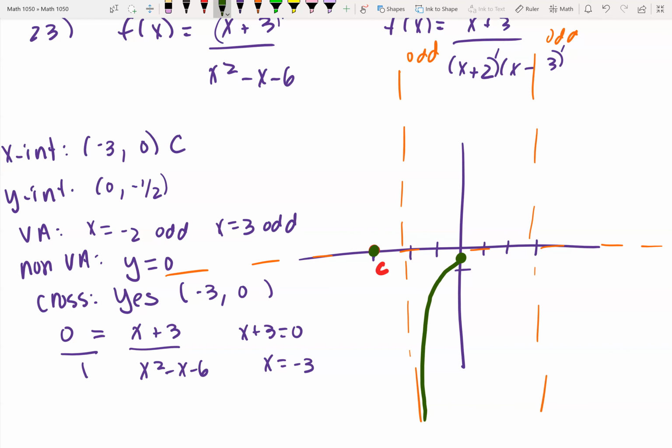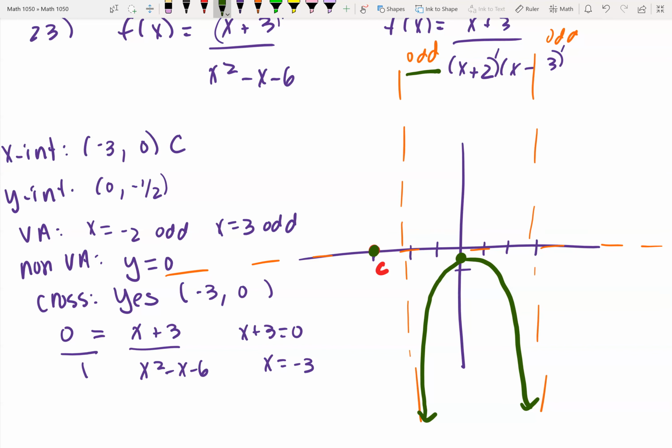And now I'm there. How do I know if I swing up or swing down? Well, if I swing up, I hit the x-axis again, and I cannot touch the x-axis anywhere except negative 3, 0, so I know I have to be down. So now this is like playing Sudoku, and you've got some of the numbers figured out.